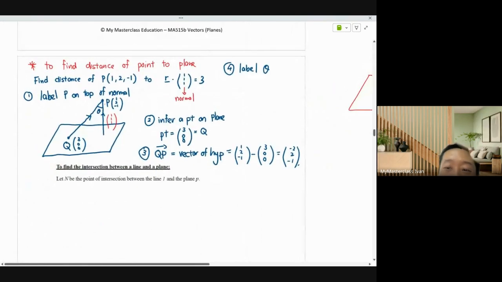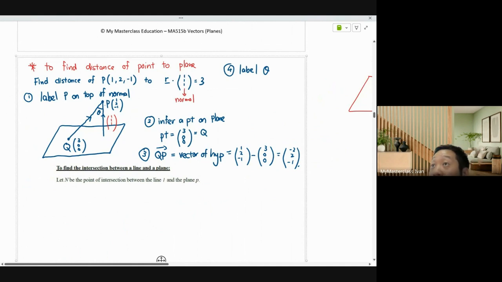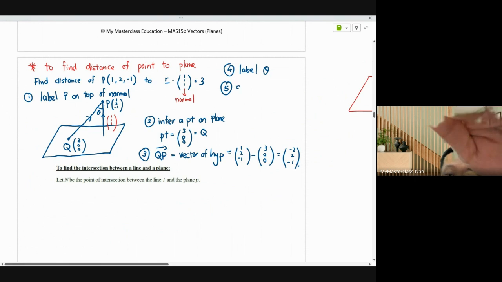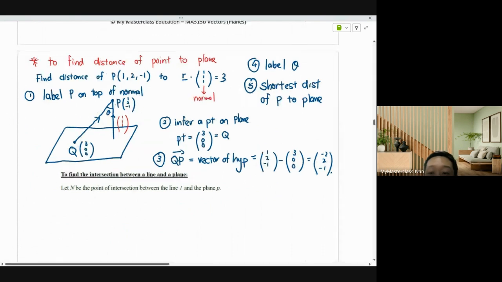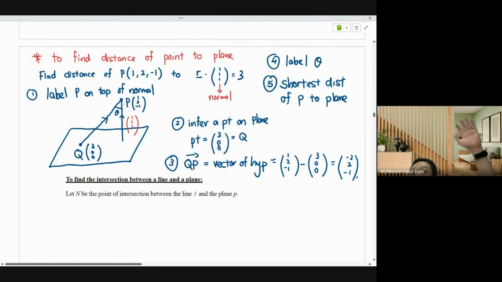So now looking at this, remember we do the length of projection, all this. So number 5, the shortest distance of P to plane. Now you look, remember in Vectors 1, when we do shortest distance, it's always the opposite side.